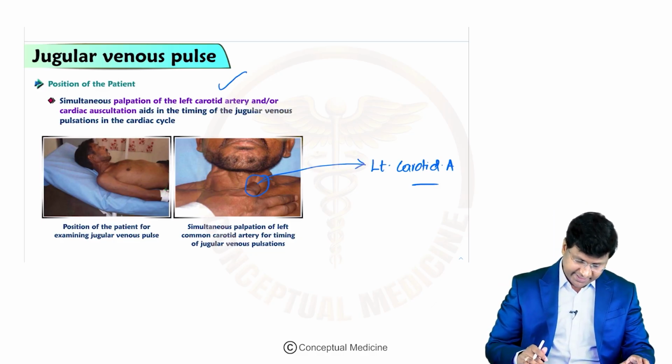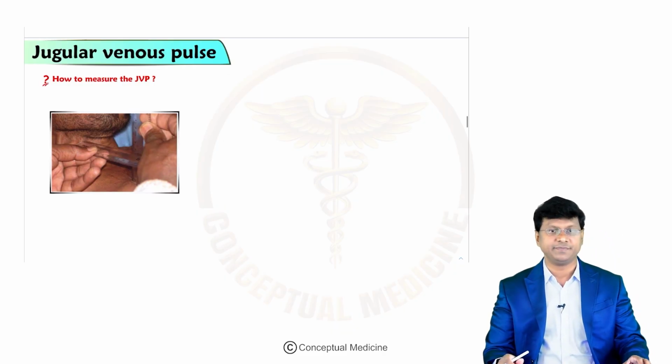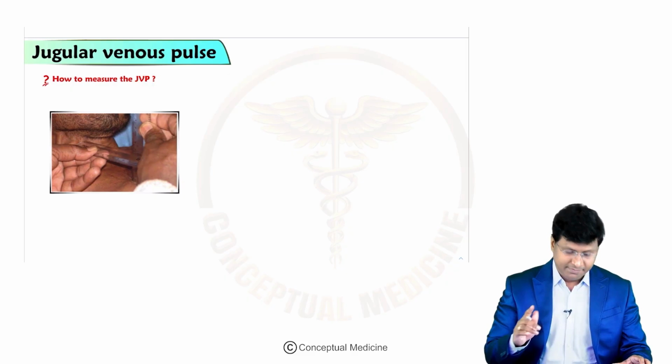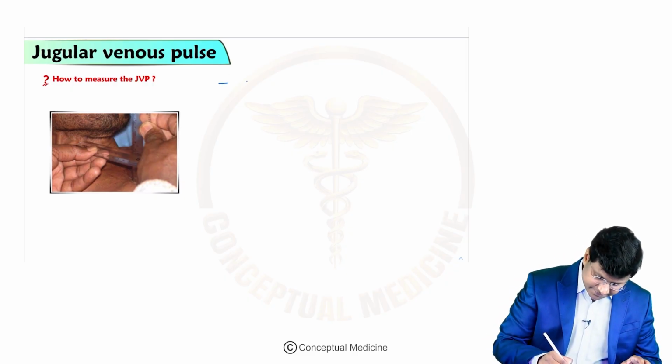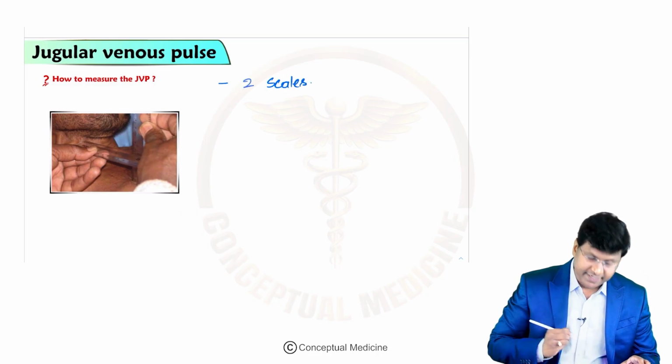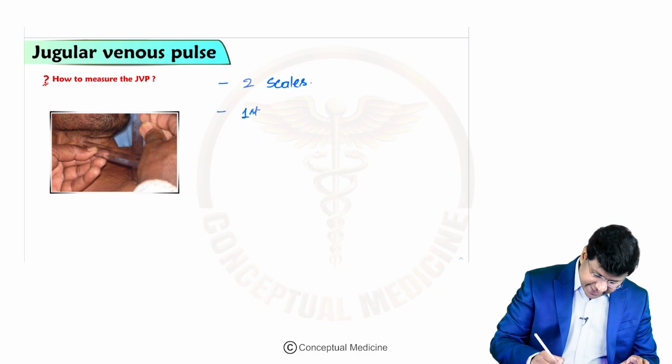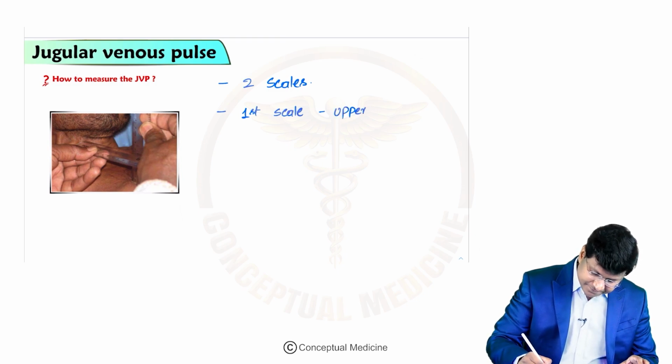Now the question is how to measure the JVP. At the bedside, you can measure the JVP by using two scales. Out of which you have to keep the first scale at the upper level of the JVP.